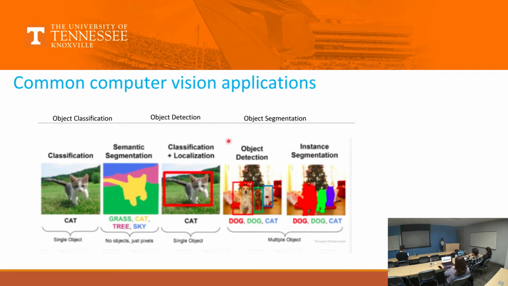Another task you can do is classification and localization. Here you can see that in an image you can exactly localize where the cat is. It is helpful for our case where we are detecting bubbles, to find where the bubbles are. The other thing is object detection, which would simply detect the objects.